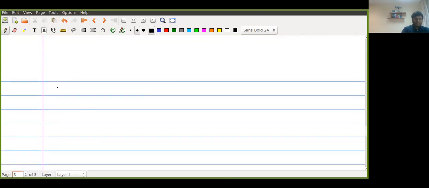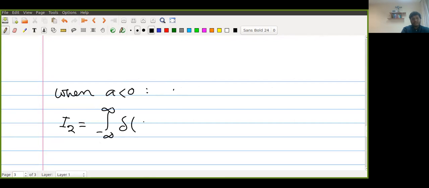And I want to see what will happen when a is negative, a less than 0. Again, I can write the integral I2 from minus infinity to plus infinity of delta of ax f of x dx.